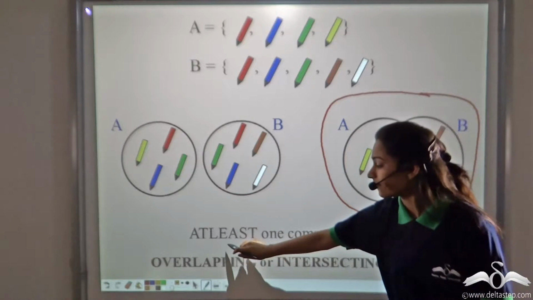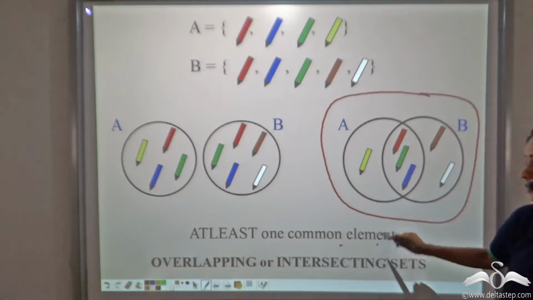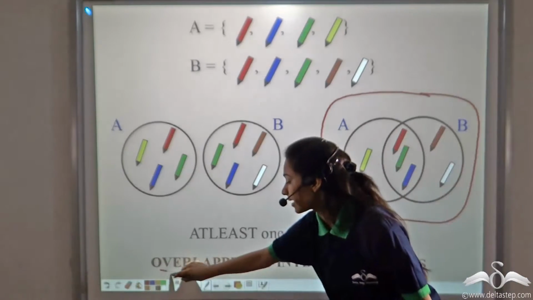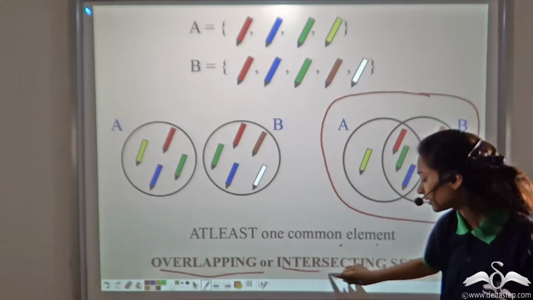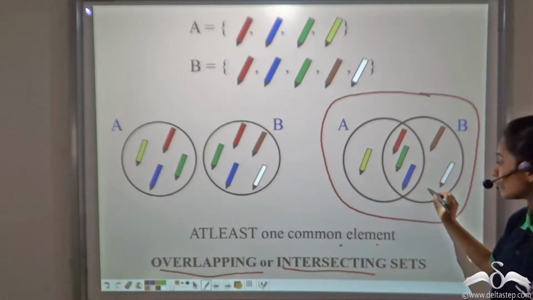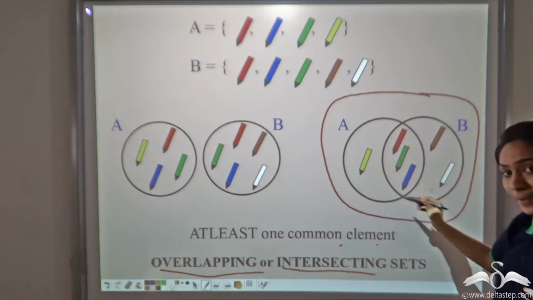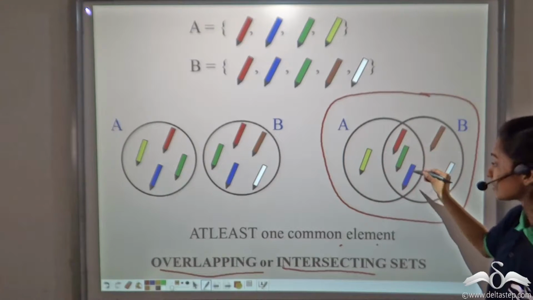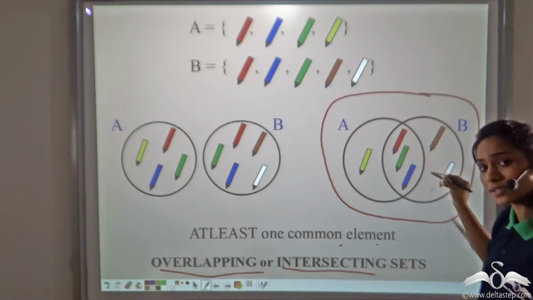So whenever we have at least one common element between two sets, we call them overlapping sets or intersecting sets. Here you can see that these two circles are overlapping each other. Why are they overlapping? Because they have some elements that are common to both the sets.